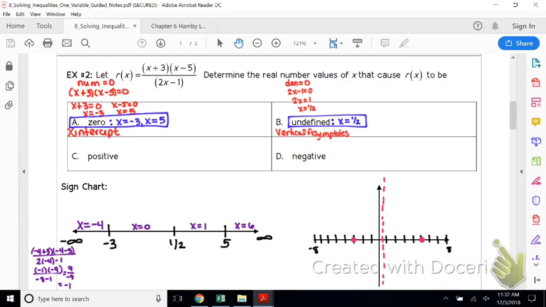And did you get negative 1? And then plug in 0.